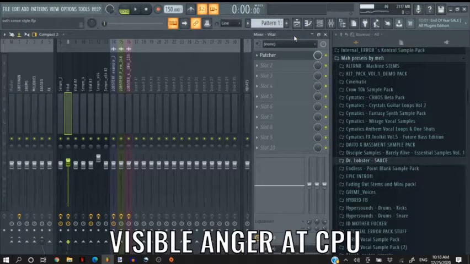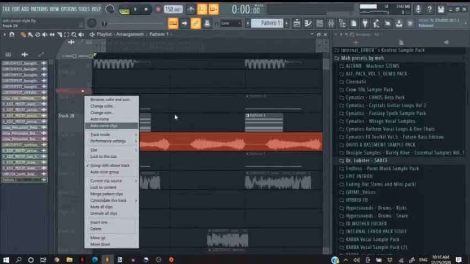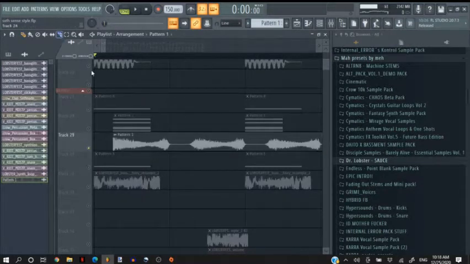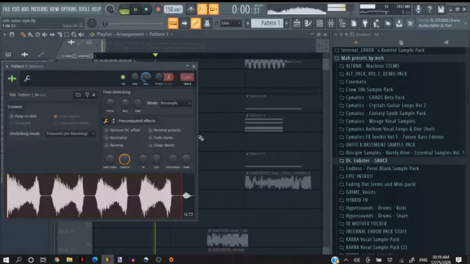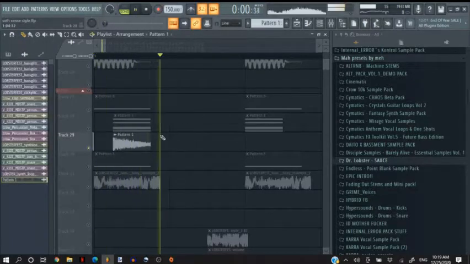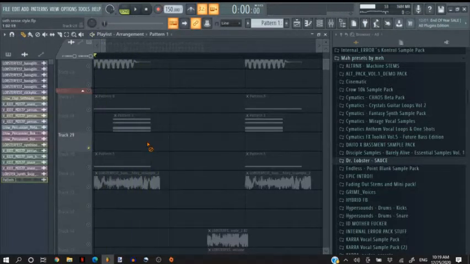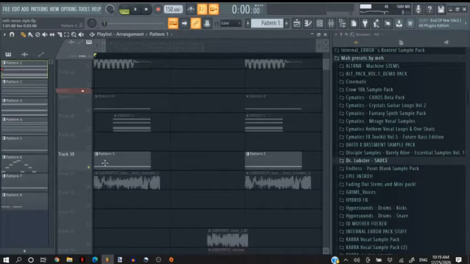CPU problems. So I had to render this because my CPU right now is threatening to die on me. So this is what it should sound like. It's actually a chord note bass, but I just took out a small part of it, and we have this thing.